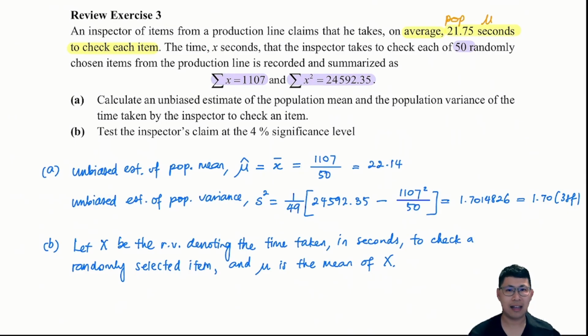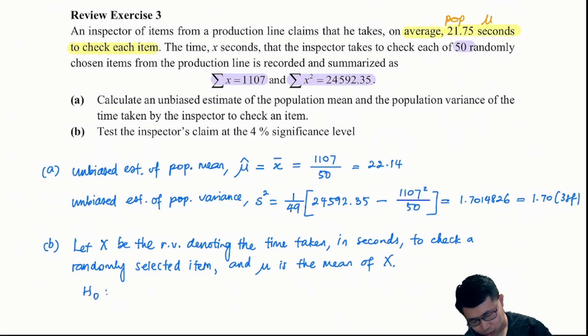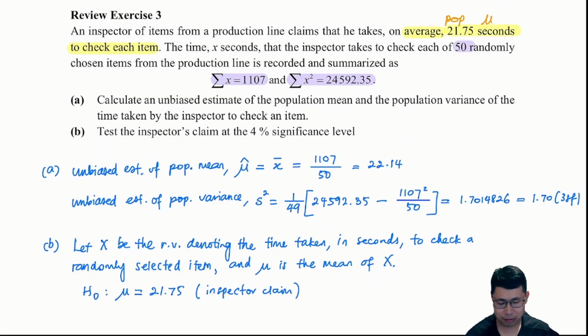Step 2: null and alternative hypothesis. The claim is that the population mean mu is 21.75, so this equal would be our null hypothesis. H0: mu equals 21.75, and this is the inspector's claim. Later in the conclusion, I'll make reference to this.